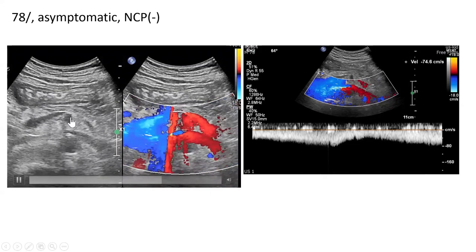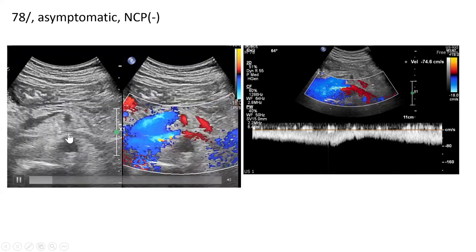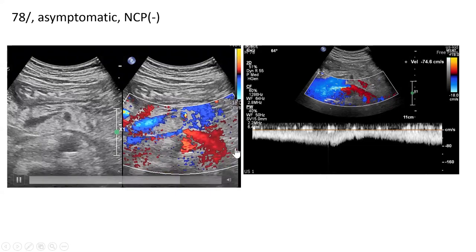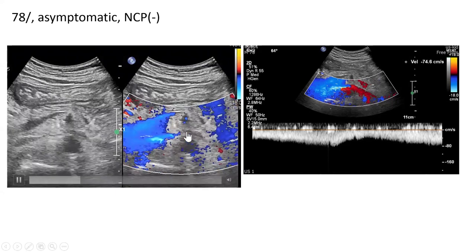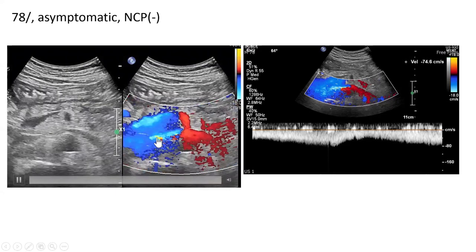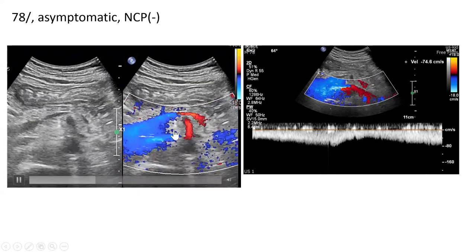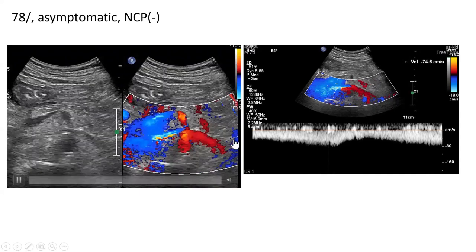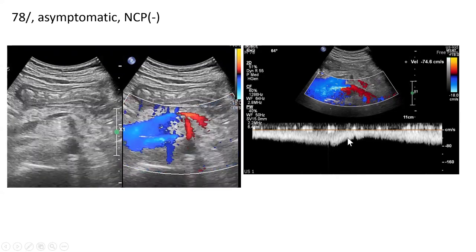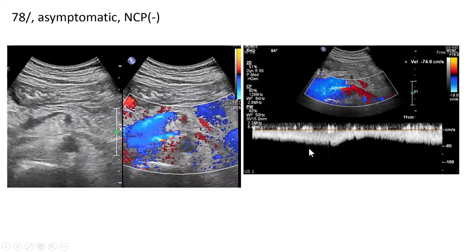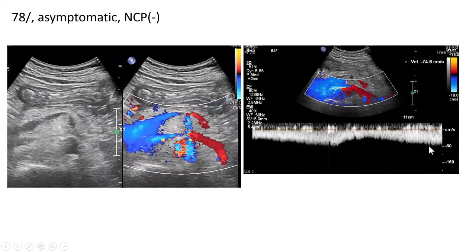The aorta, superior mesenteric artery, and the left renal vein are coursing this way. In color Doppler ultrasound, this red color means flow in this direction, and this blue color means flow in this direction. We can see the color is a little bit brighter here. In this spectral Doppler ultrasound, this is the cycle of the Doppler spectral changes during the respiratory cycle.